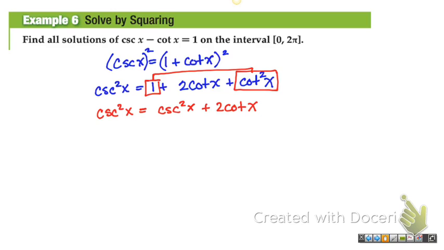So now we can subtract cosecant squared x from both sides. We get 0 equals 2 cotangent x. We get 0 equals cotangent x, and then we stop. For which values on the unit circle is the cotangent of x equal to 0? Right, so here's my unit circle.